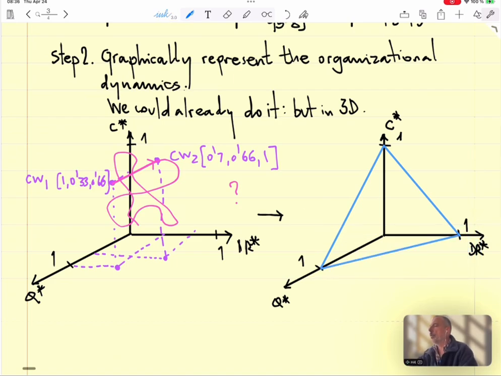Okay, this is important. This triangle is called simplex. This is a two-dimensional representation with 3 axes. All the points in the simplex.